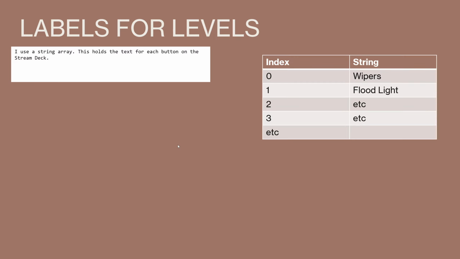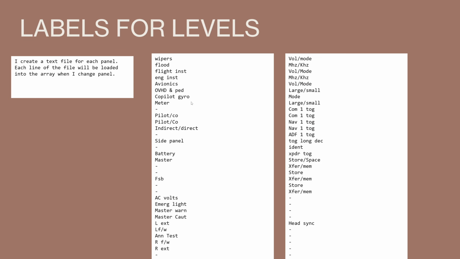As we change layers, we reload the text values into the array. So there's one array, but it's reloaded each time we change levels. To do that, we create a text file for each of the different layers, and you put the text you want for the buttons on separate lines.